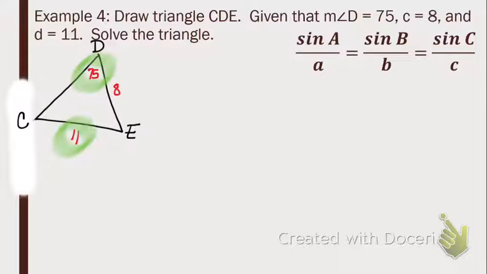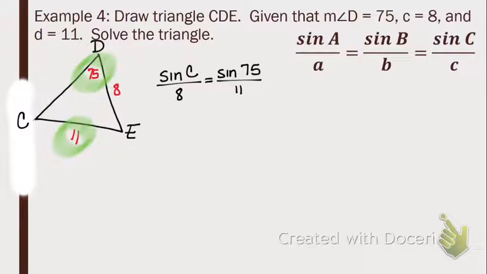So we're going to have the sine of angle C over 8 equals the sine of 75 over 11. We're going to cross multiply like we always do.